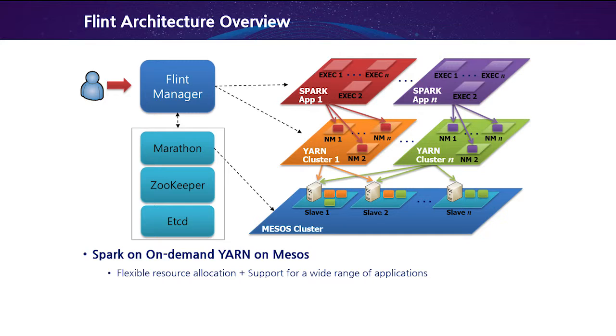But still, we wanted a Spark on YARN deployment model because Spark on Mesos does not allow multiple executors to run on the same slave host. Also, in Spark on Mesos, executors may have different numbers of CPU cores, and this makes resource management very complicated.